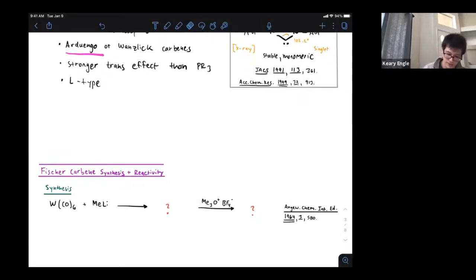Okay, now let's go through some synthesis and reactivity.